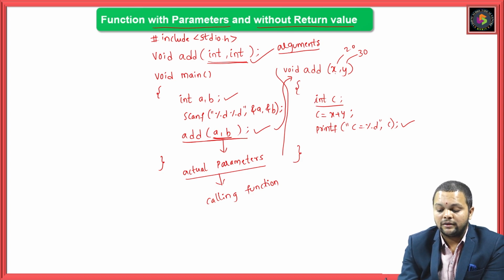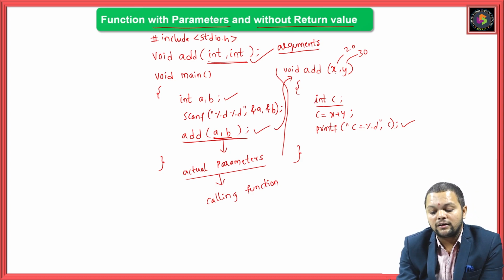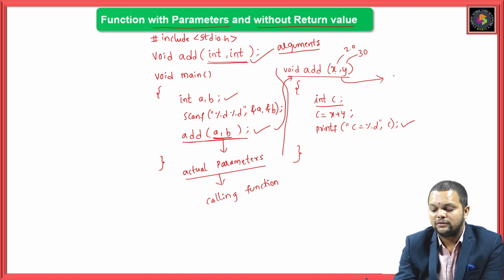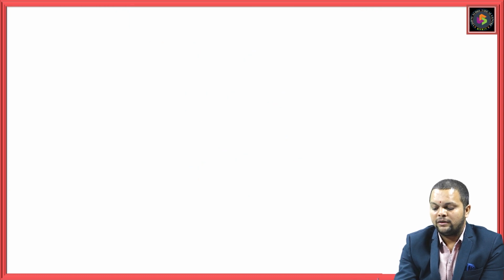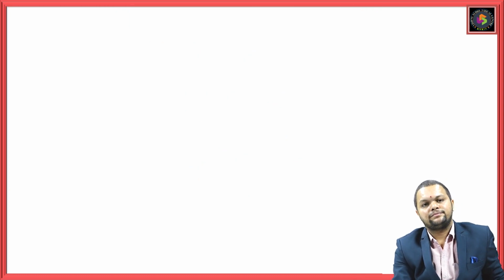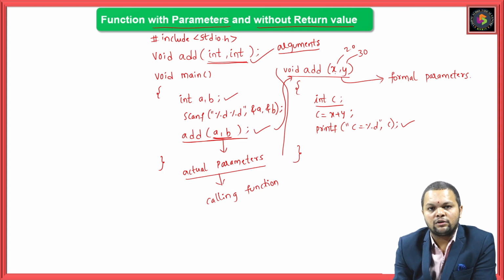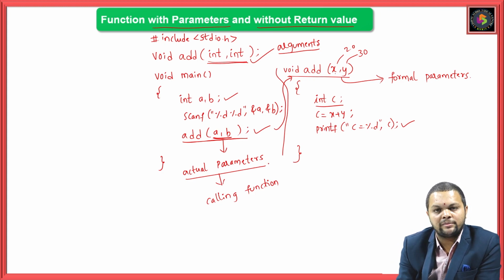And the next thing, if parameters are in the called function, this is your called function, so these two are called formal parameters. If the parameters are in the calling function, we'll say actual parameter.